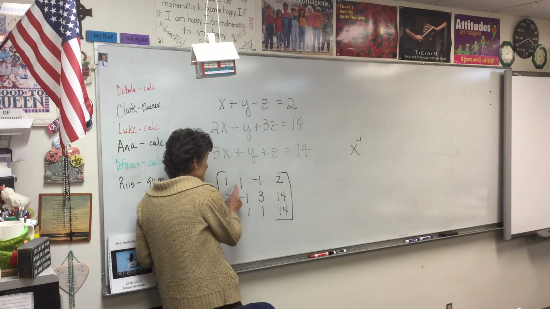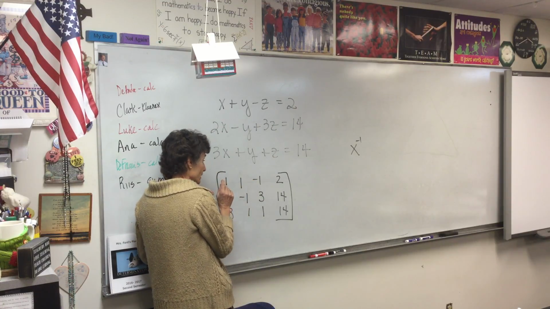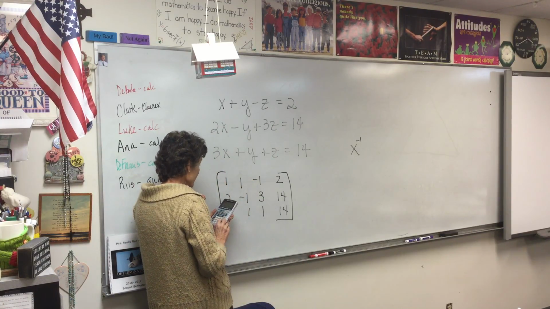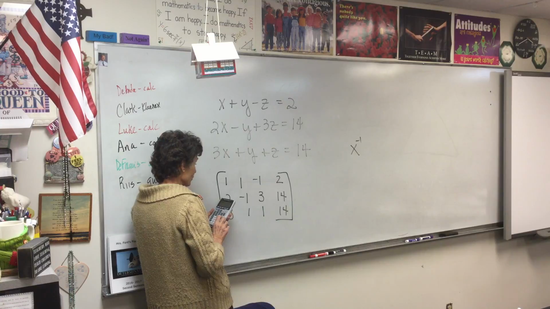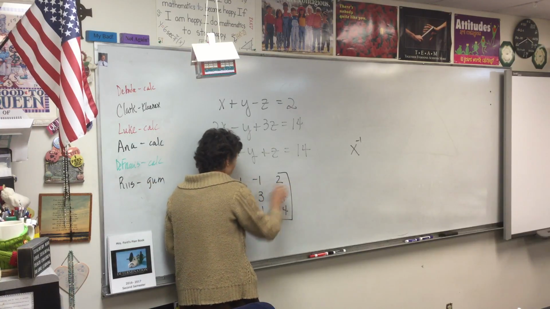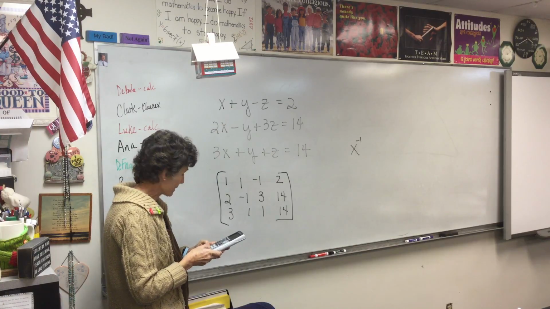Now we type in these exact numbers. Make sure you put the negative in when there's a negative. So 1, enter, 1, enter, negative 1, enter, 2, enter. And once you get across the top row, then it brings you down to the next row. 2, negative 1.